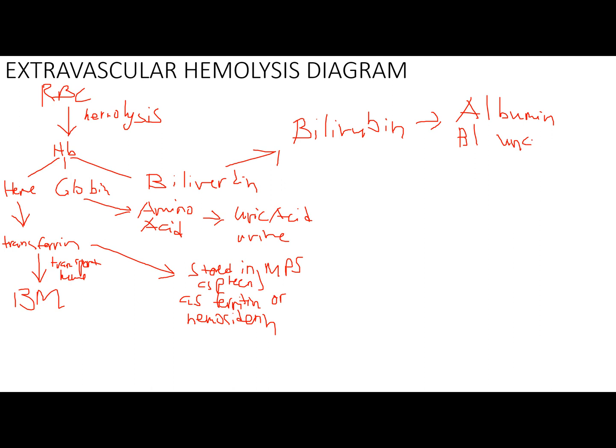B1 would stand for unconjugated bilirubin. Albumin plus unconjugated bilirubin class. This would now go to the liver.